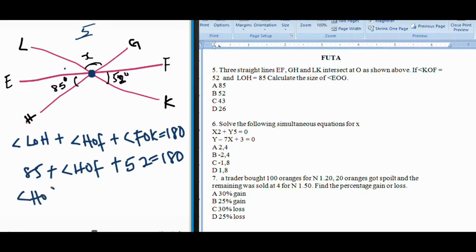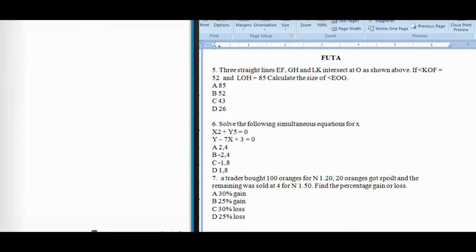Now, if you look at it, angle EOG is equal to angle HOF.